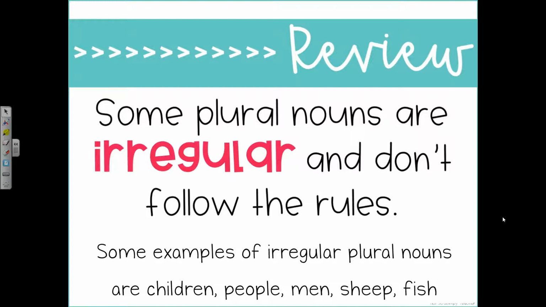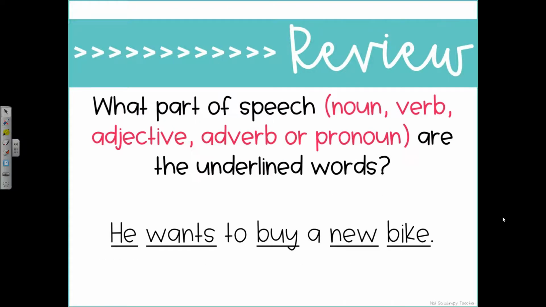Think of the noun child. To make child plural, we do not say childs. We have to use children. Person becomes people, man becomes men, sheep stays sheep, and fish stays fish. So some nouns, of course, don't follow any of the plural rules because they're irregular.